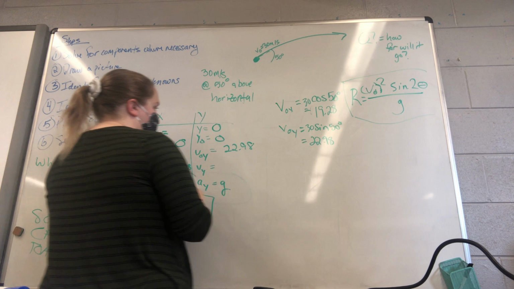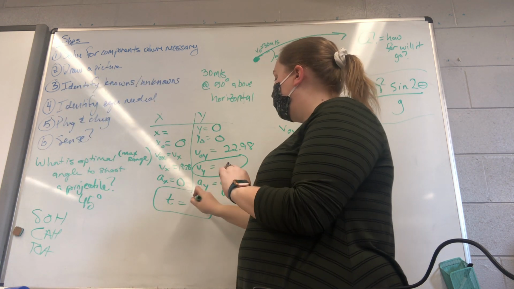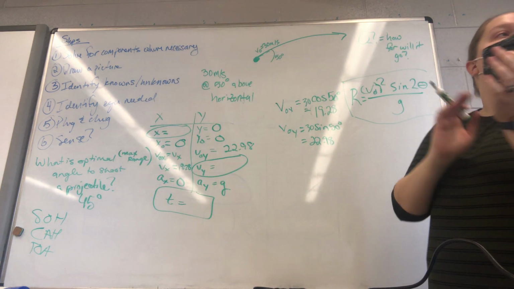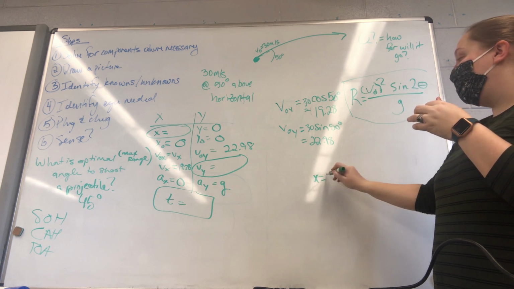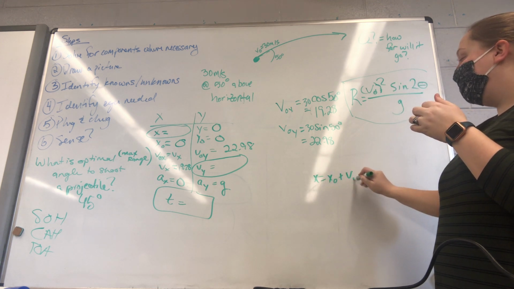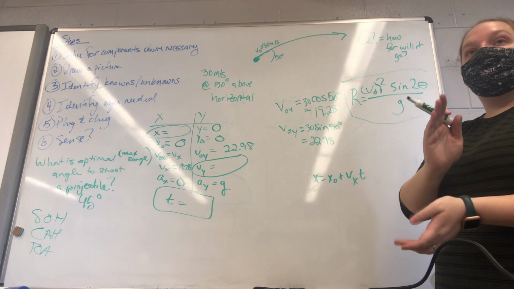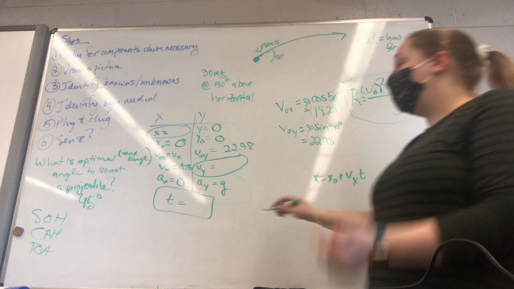We're fine. Okay. So let's notice that we have a few holes in our logic here. What can we do to get to x? Because remember that this is the formula that we have to use to get to x. So can we just plug numbers in and go? No, what are we missing? We need time.